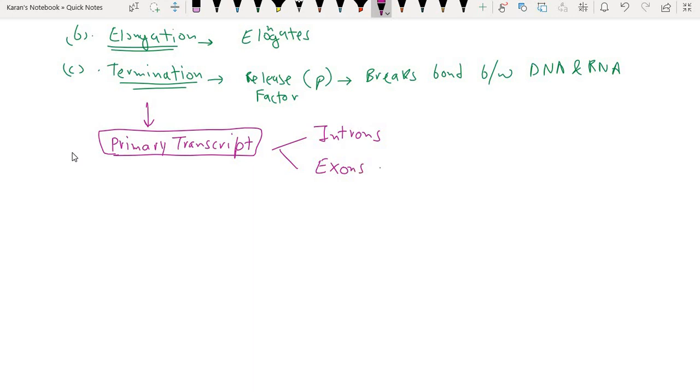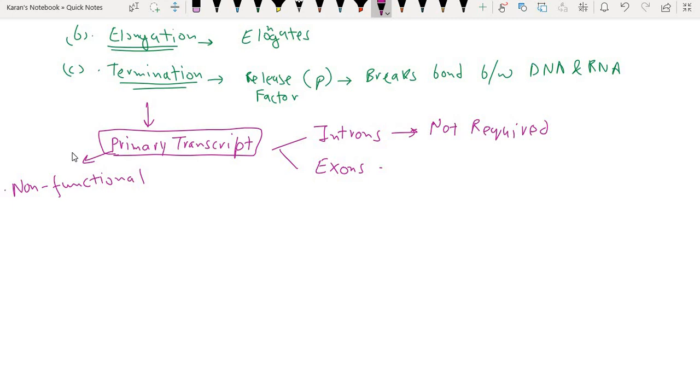Now let me tell you, the introns are intervening sequences, and this whole primary transcript is right now non-functional. Why is it non-functional? Because it contains both introns and exons, and these introns are not required in the processed mRNA.